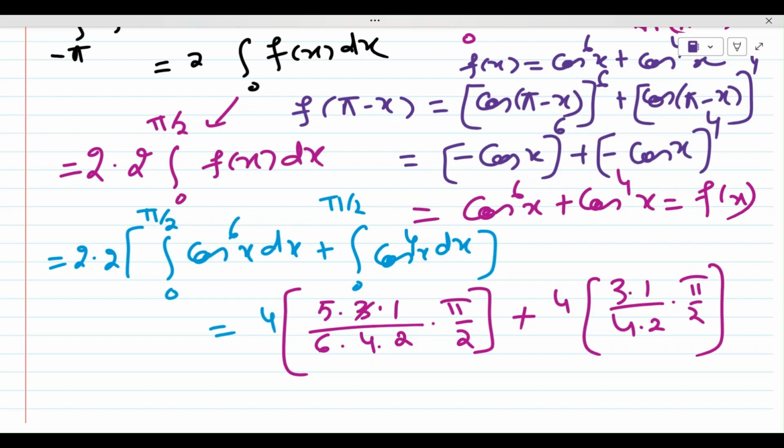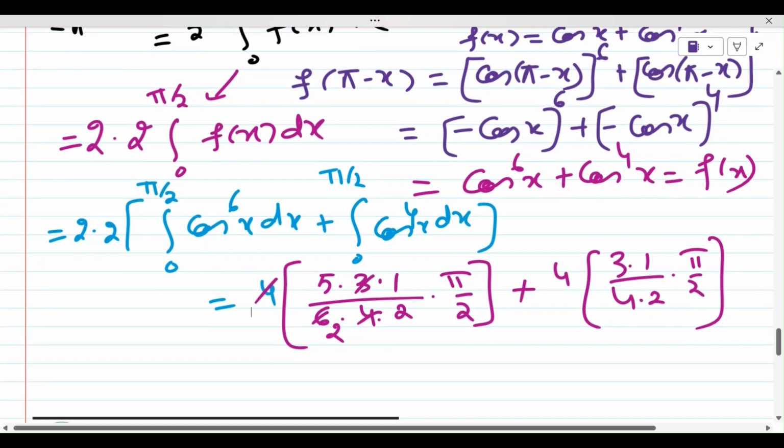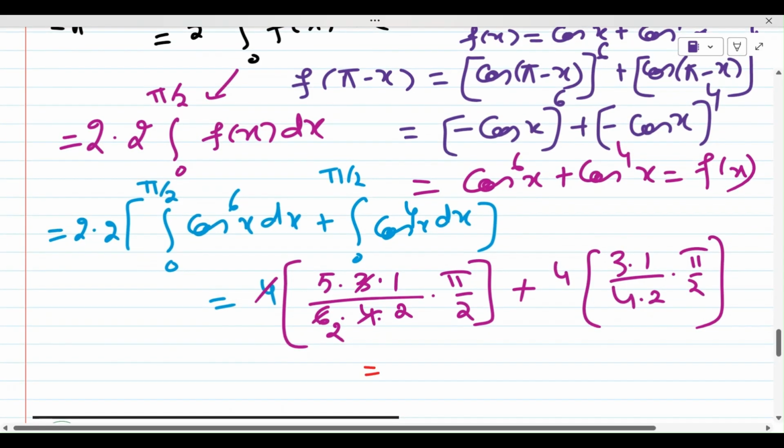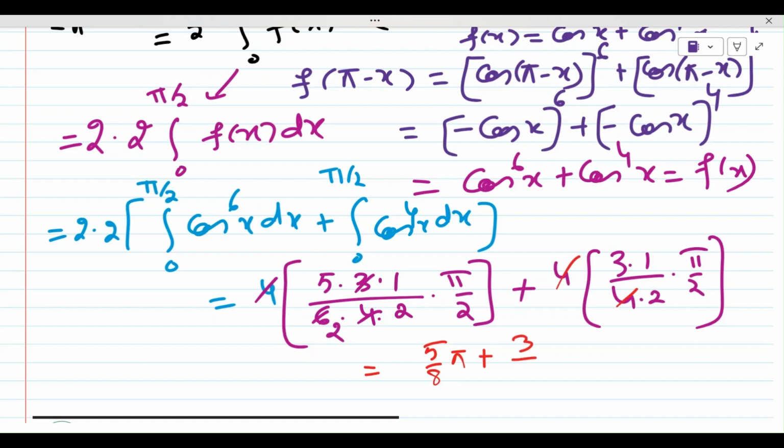Here 3 2s are 6, and the 4s cancel, so we are left with 5 by 8 pi plus, here the 4s cancel, so 3 by 4 pi. Take the LCM 8 and take pi common. So 5 plus 6, that is 11 by 8 pi.